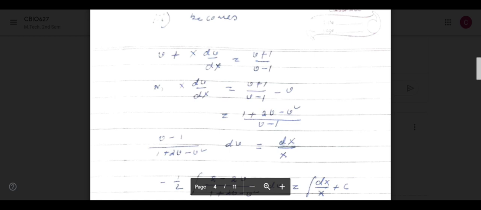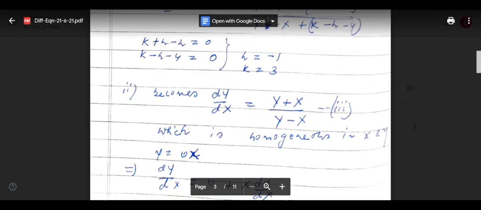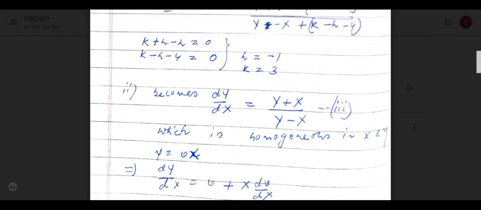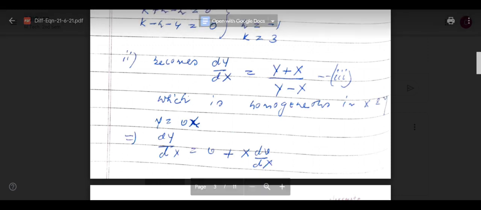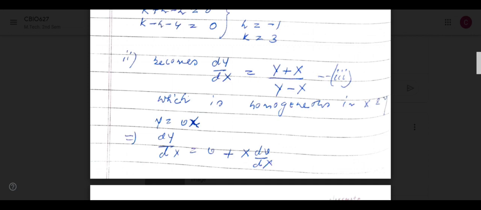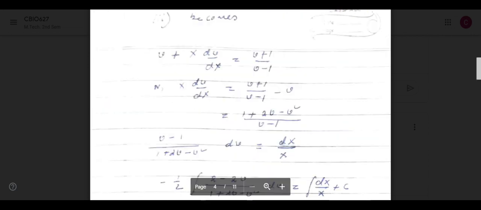Got it or not? Subhash? Yes, ma'am, got it. Are you able to reach up to the end? Yes, ma'am. Okay, what about the others? Then you change to the next case. I'll explain the others.